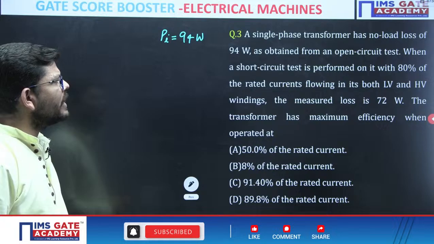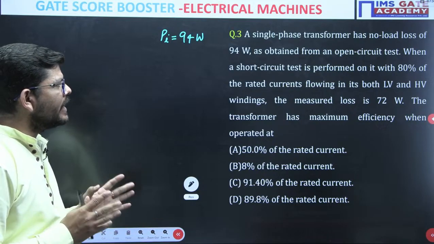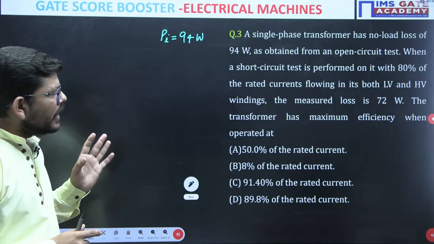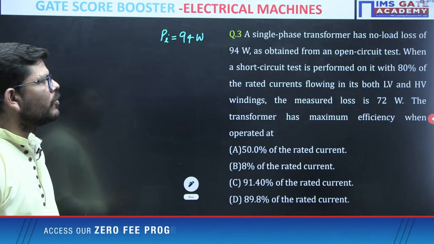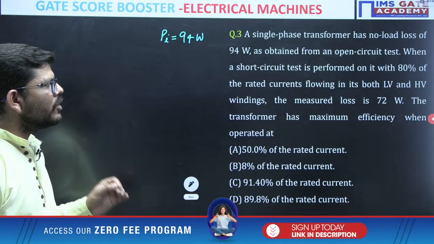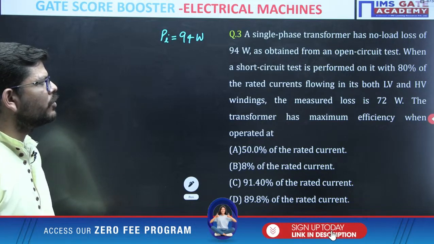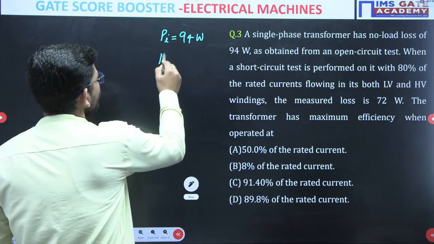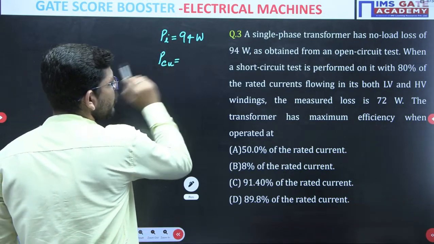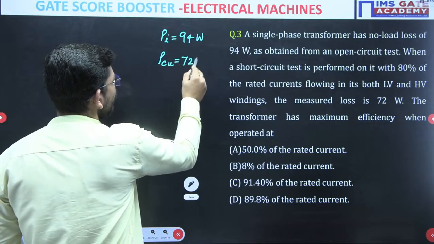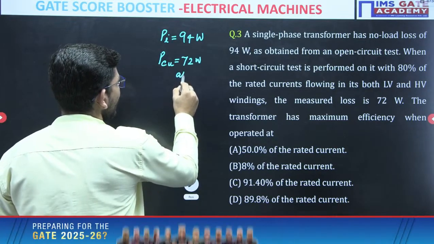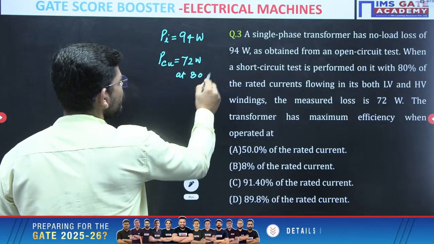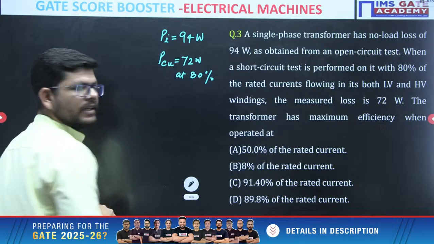When a short circuit test is performed on it with 80% of the rated current flowing in the low voltage and high voltage winding, the measured losses are 72 watts. So these are the copper losses, which are 72 watts, but at 80% of the current flowing.